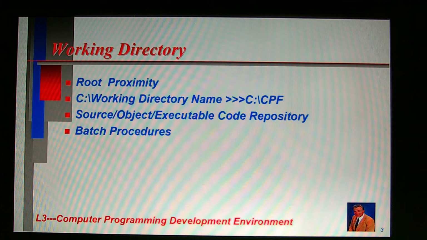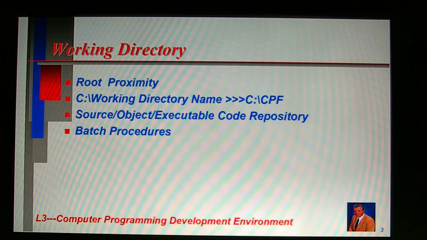I like to name my directories as short acronyms. For example, for this course, my directory is named CPF, short for Computer Programming Fundamentals. Following these simple tips regarding the establishment of your working directory will not only save time, but will limit any frustration in managing your computer program code.